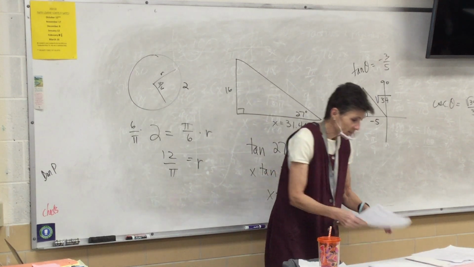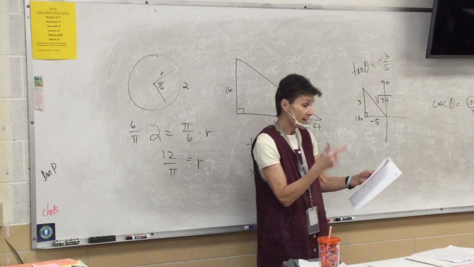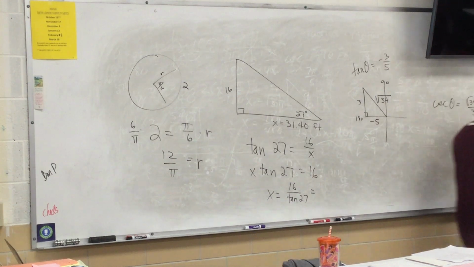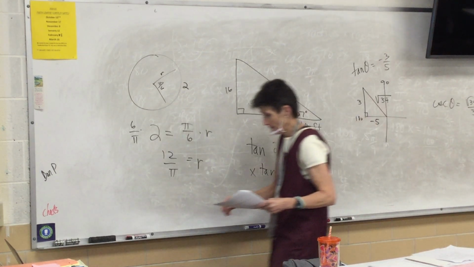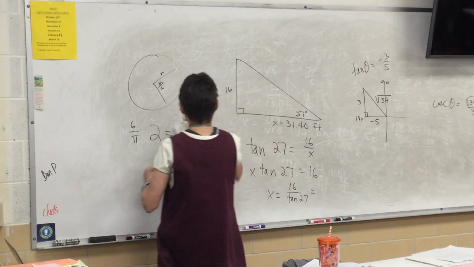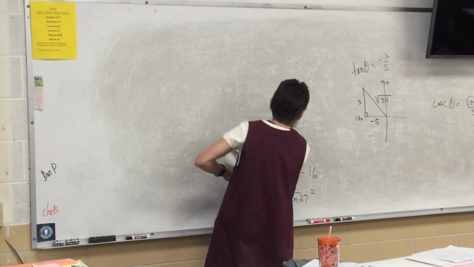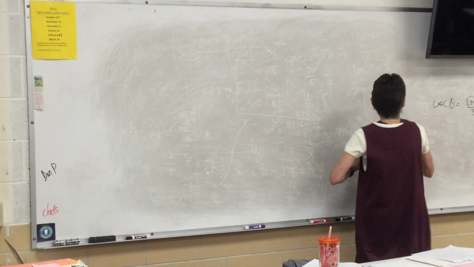All right, now we're going to finish up our notes. So we're actually on our last page of our old notes, page 48. And we're going to do problem number 4. So everybody's paying attention.